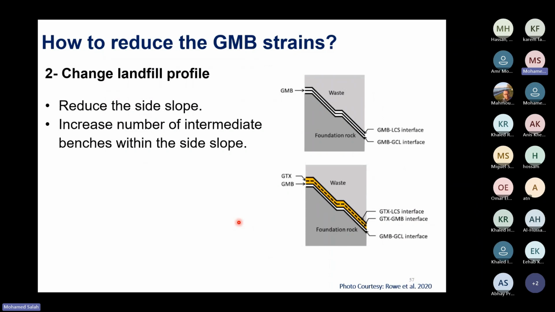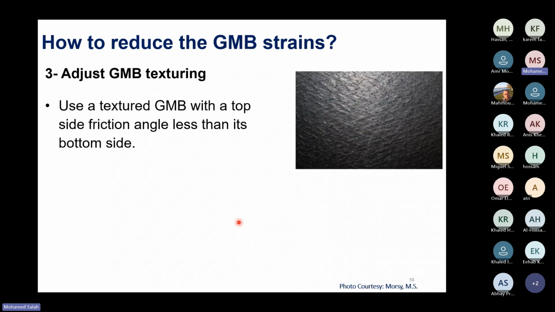Another thing that can be done is customizing the geomembrane to the slope by adjusting the geomembrane texturing. Like you can use a textured geomembrane with a top side friction less than its bottom side. So at the bottom side, you have higher friction to increase the overall veneer stability on the side slope, and on the top, less friction, so as to decrease the friction between the settling waste and the geomembrane, and in turn decrease the strain in the geomembrane.